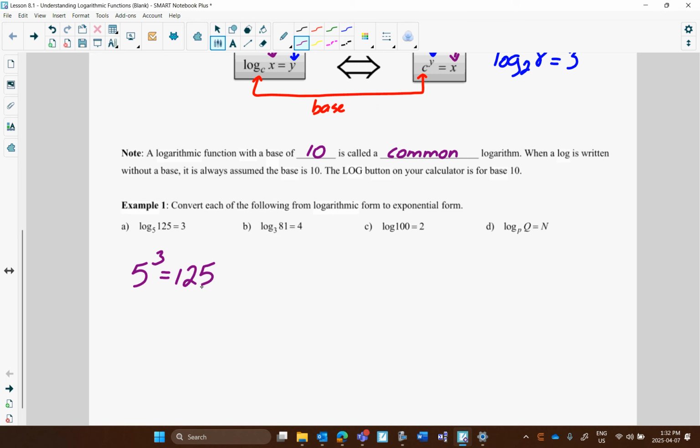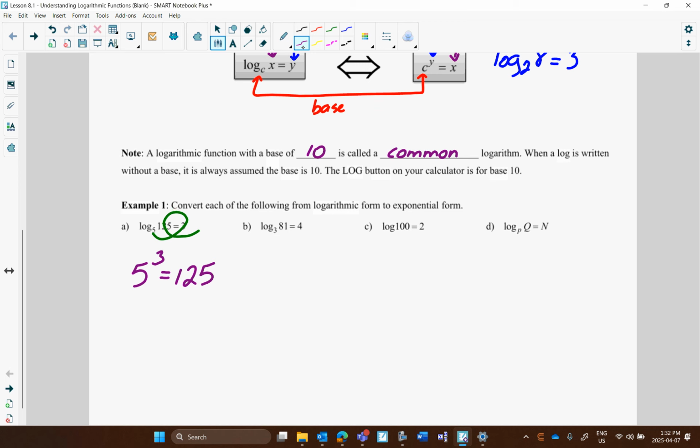Or, another way you can look at it is if you draw a cursive E. If you're changing this to exponent form, start here and draw a cursive E. So log base 5 to the 3 equals 125. And notice that the exponential form actually makes sense. 5 to the 3rd is 125.